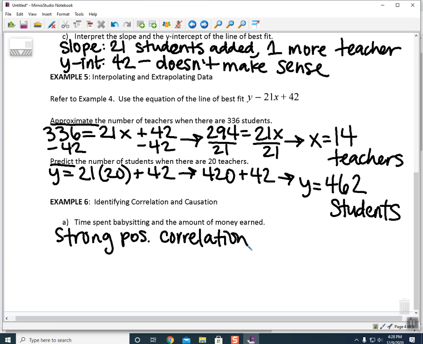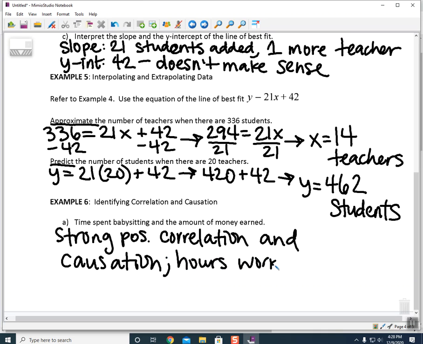This also has causation. The hours that I work cause me to have more money. Hours worked causes you to have more money.